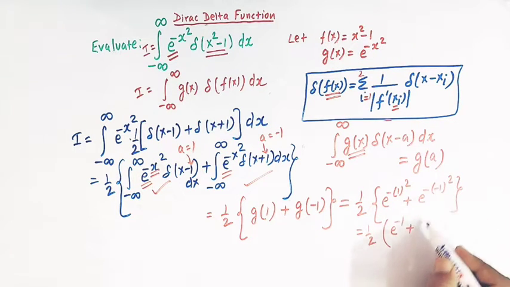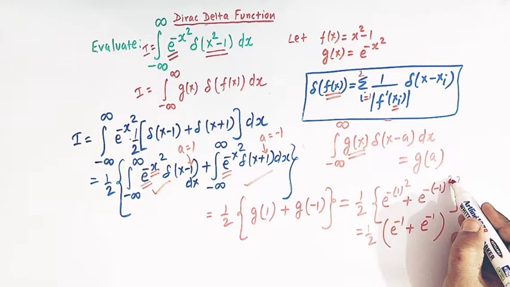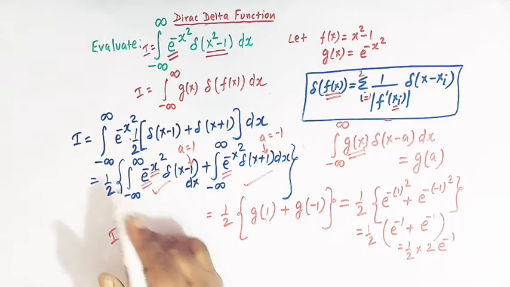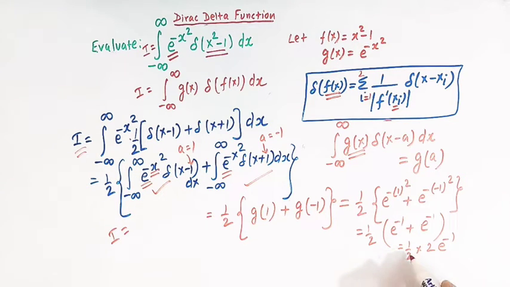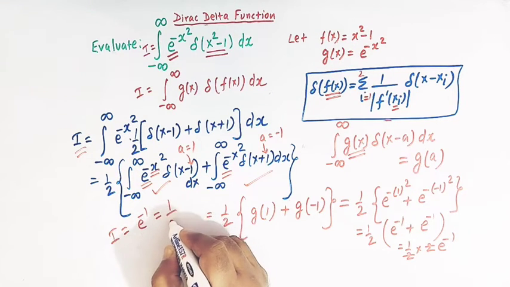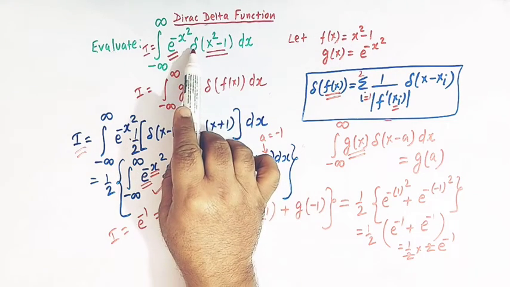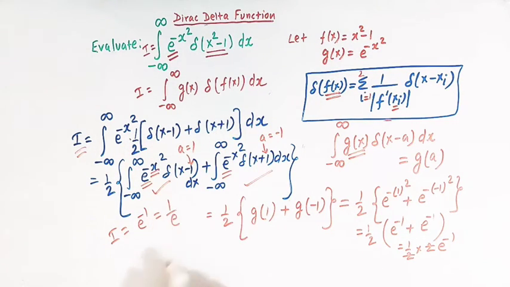Here also we have e raised to minus 1, because minus 1 square is plus, right? So this is half, and this is 2 times e raised to minus 1, and now the value of this integral I is half times 2, and the 2s get cancelled, so we are left with e raised to minus 1, that is 1 over e, right? So viewers, the value of this integral is 1 over e.